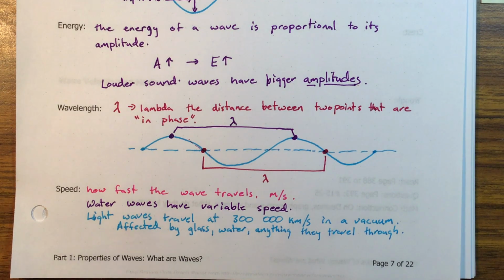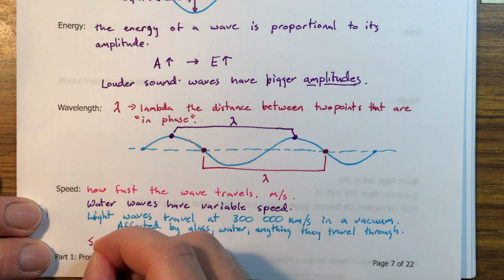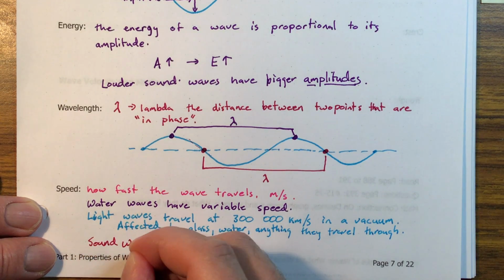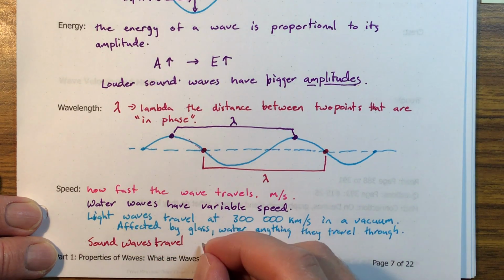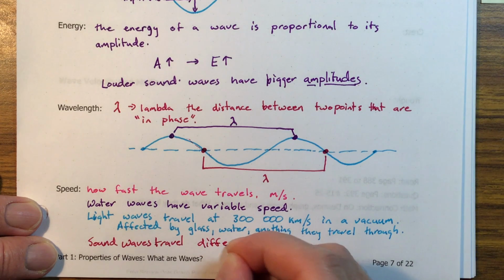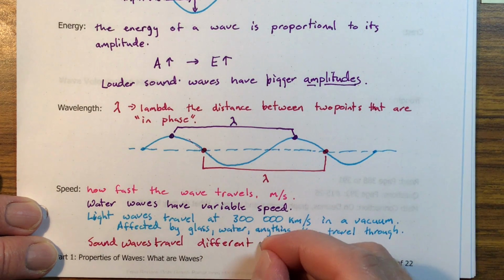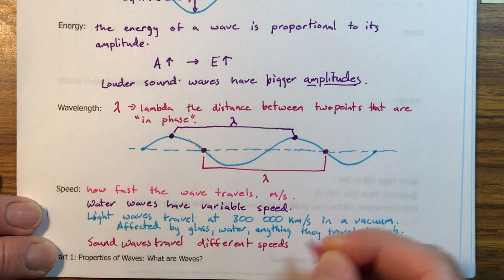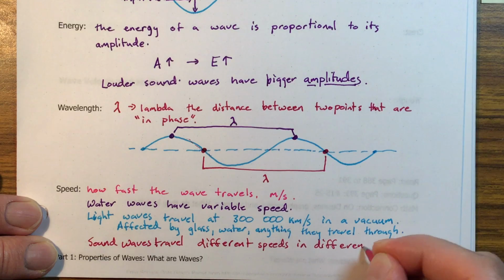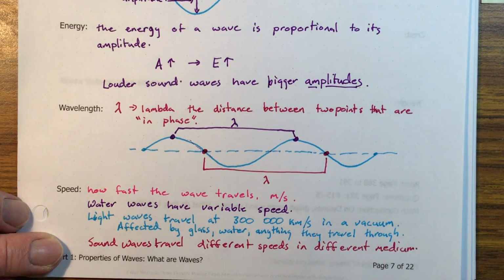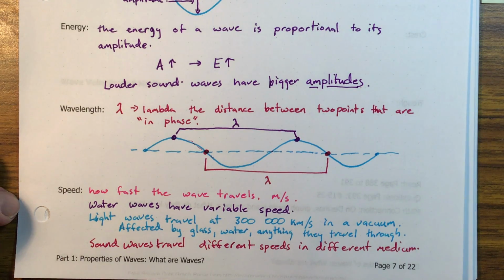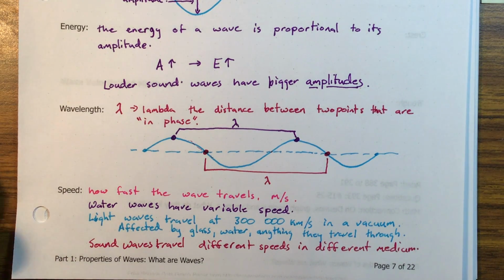Compression waves, like sound waves, travel at different speeds in different mediums. In the air, sound travels a certain speed. On the railroad track, in steel, sound travels a different speed. In water, sound travels again a different speed.